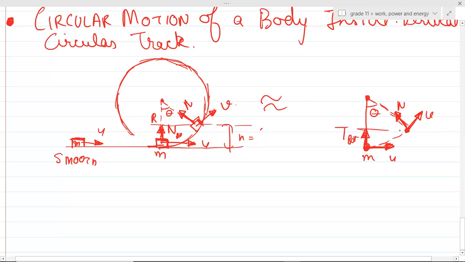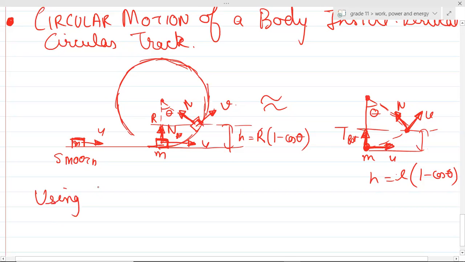Can you see if it goes to a height h, everyone knows the formula for h. Here the formula for h was L into 1 minus cos theta. Here L is not there, here R is there, so here h will be R into 1 minus cos theta. Yes or no? I can do it using work, not necessarily using the law of conservation of energy.